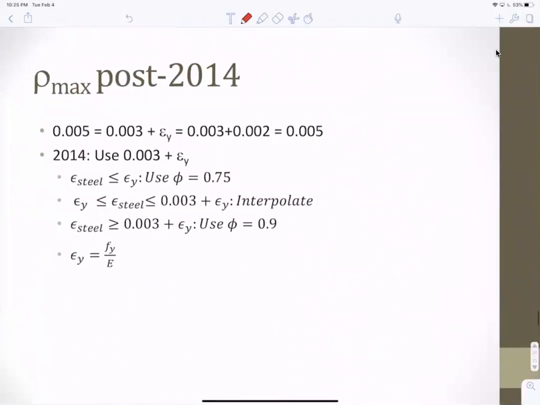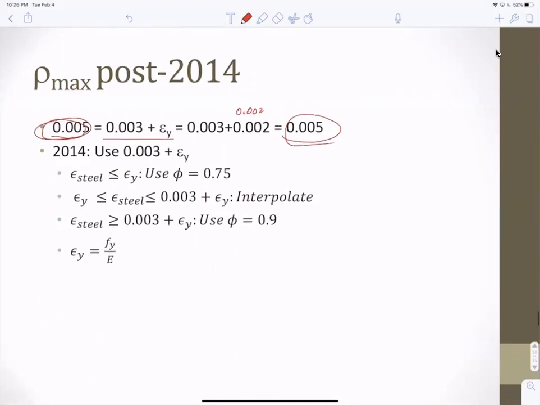What they've done is replace that 0.005 magic strain number with 0.003 plus the yield strain. Remember, I just said this was 0.00207. Just round that down to 0.002, and that comes back up to this magic number. This way, if you have a different yield stress, you can fix it. And this number comes out to something smaller than 0.005 if fy is less than 60.